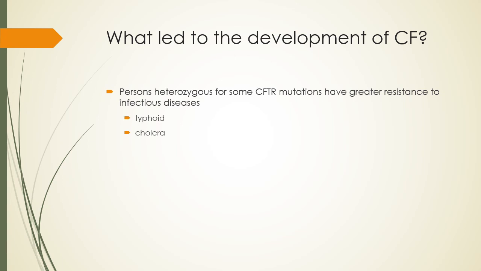And there is a body of research that suggests that heterozygous common mutations in CFTR gene can help to develop resistance to infectious diseases that were quite common in Western Europe and Northern Europe in the past, such as typhoid and cholera.